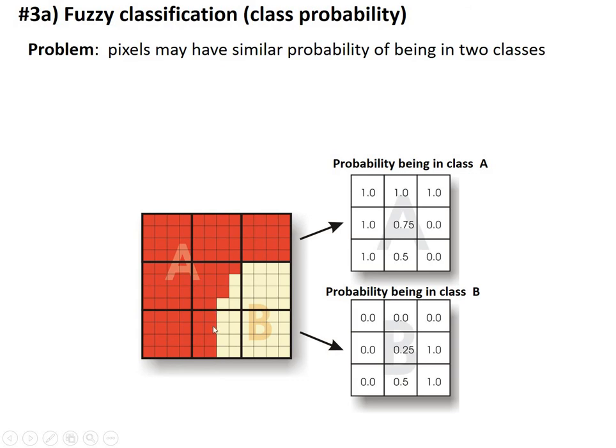And so if you are able to estimate the probability of it falling into A or B, for example, this is about 75% probability of being in A and about 25% probability of being in B, right? If you can use the maximum likelihood approach to come up with these probabilities, then you can decide, okay, well, I just want to classify that into whichever one's higher. Or if it's 50-50, I don't want to classify it as either.